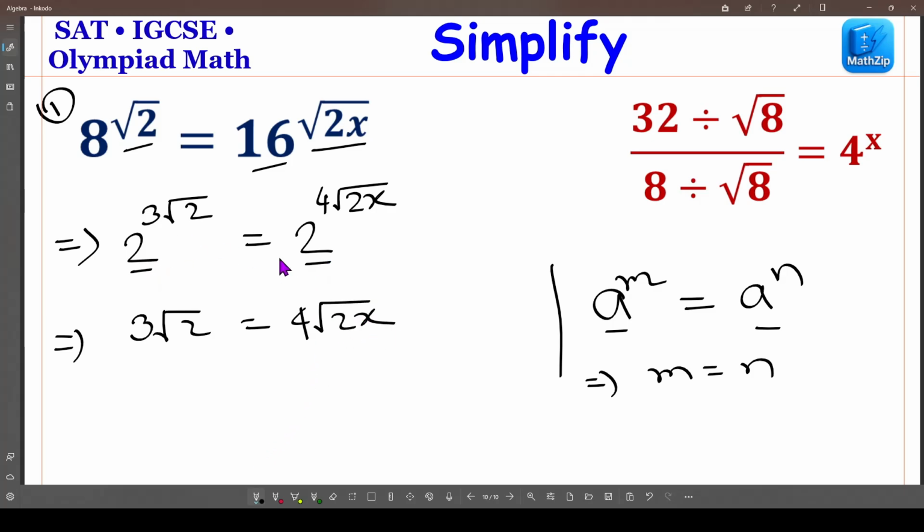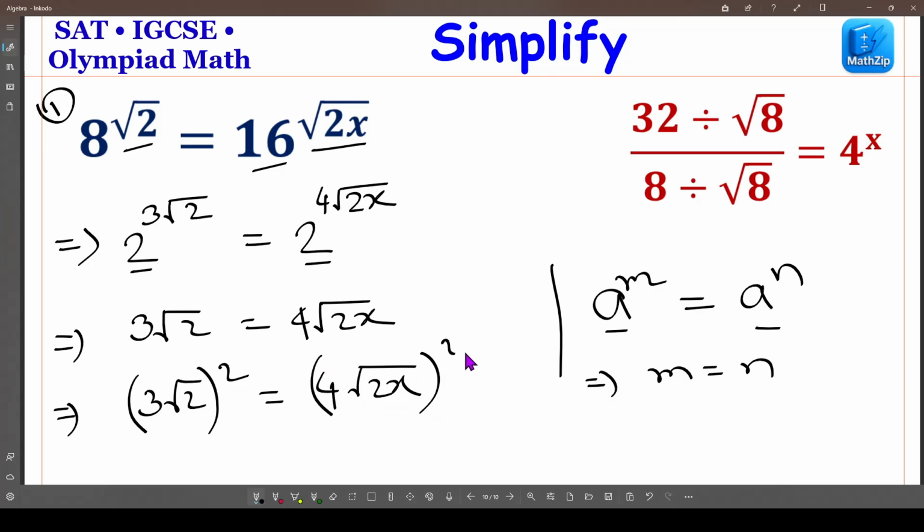Because base are same, which is 2. Now we can square both sides. So 3 root 2 square equals 4 root 2x square, right?